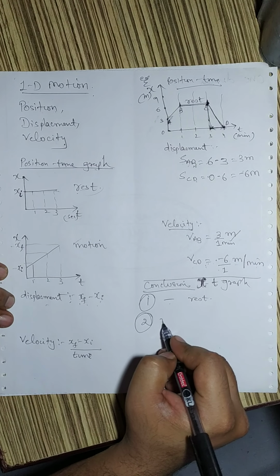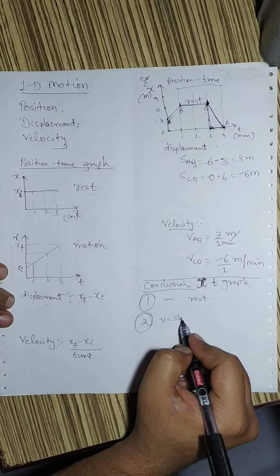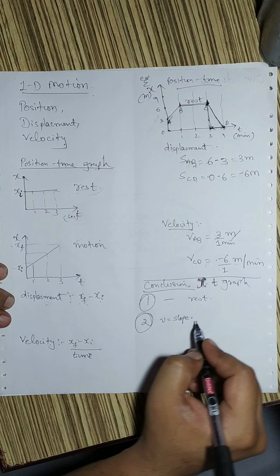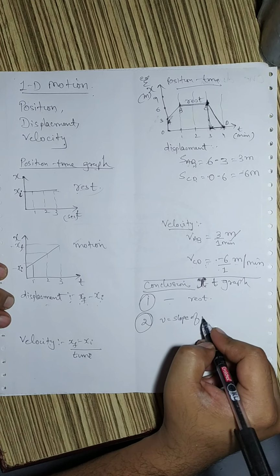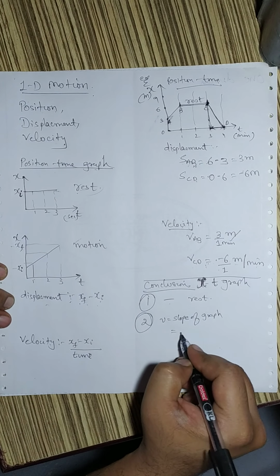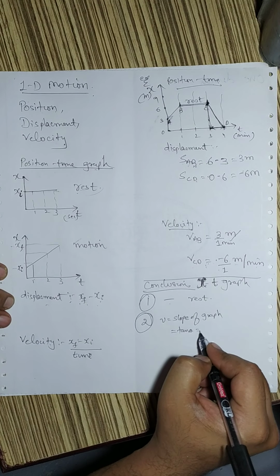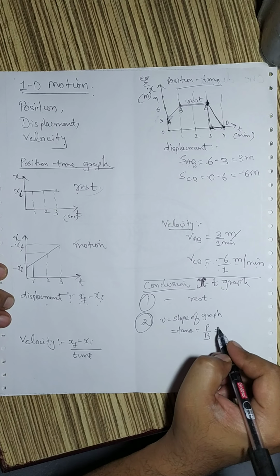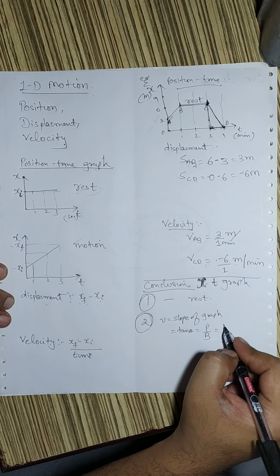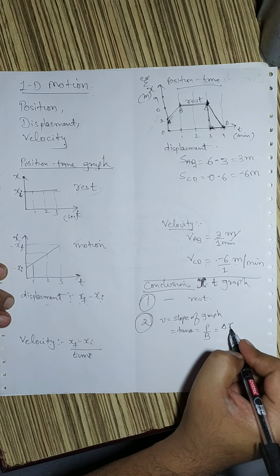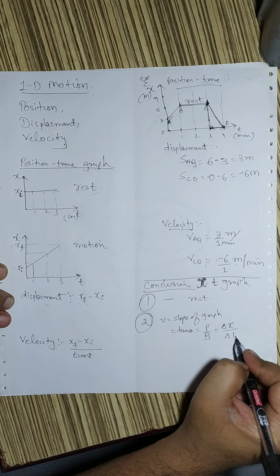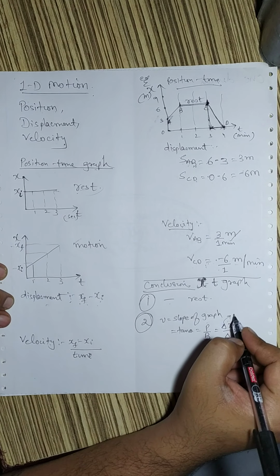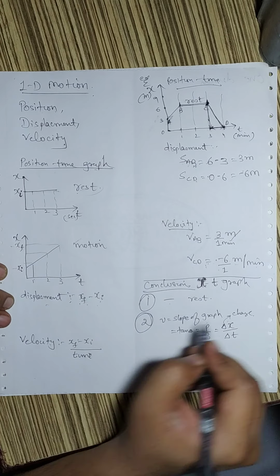Velocity is calculated as the slope of the graph, that is tan theta, which is perpendicular upon base. The perpendicular will always give you change in displacement, and the base will always give you change in time. Triangle means change.